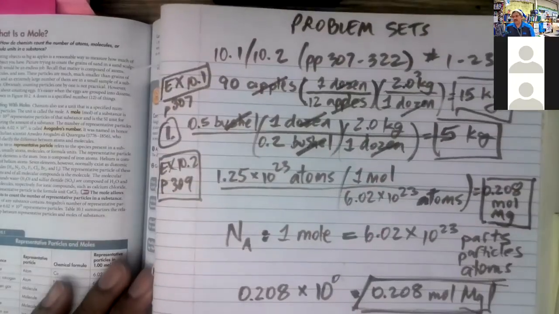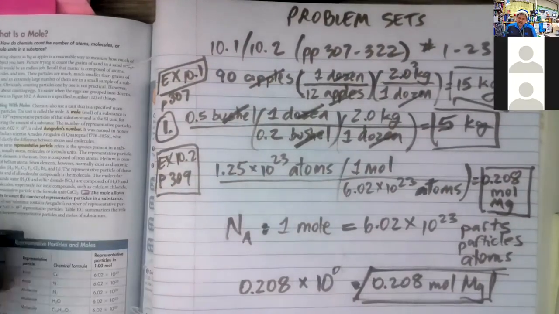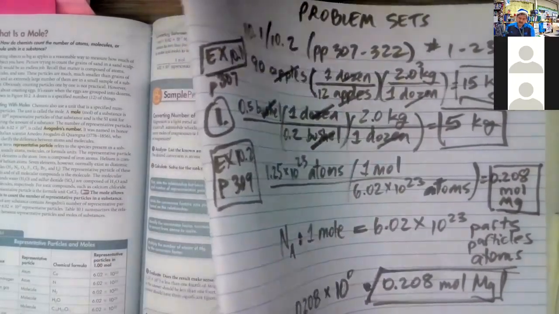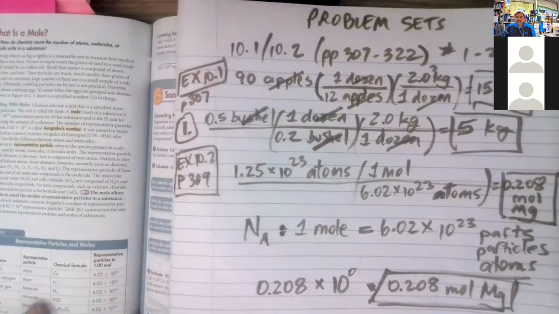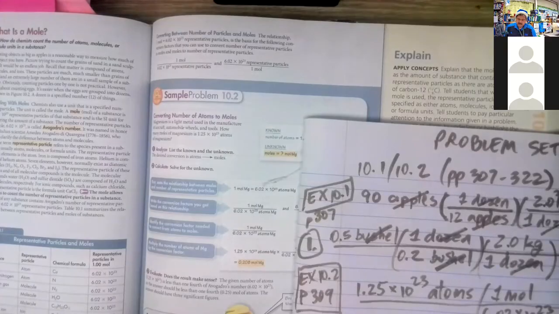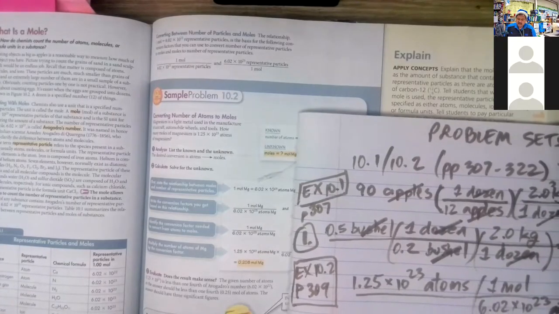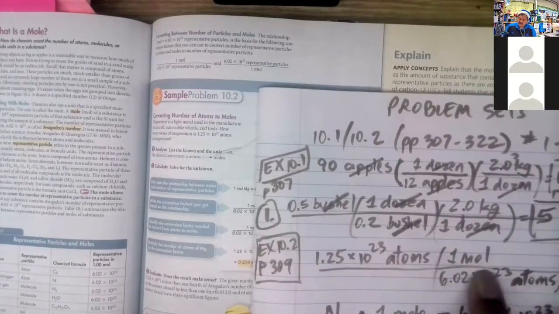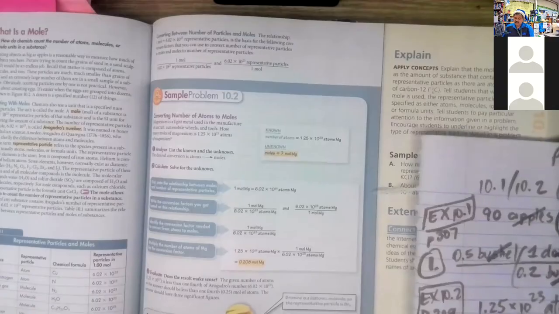raise that up so we can see more of the page right there. Let's do one from 10.2. It says down here, how many moles is 2.80 times 10 to the 24th atoms of silicon? They give you the number of atoms, and use this factor again to get your answer. Same here.